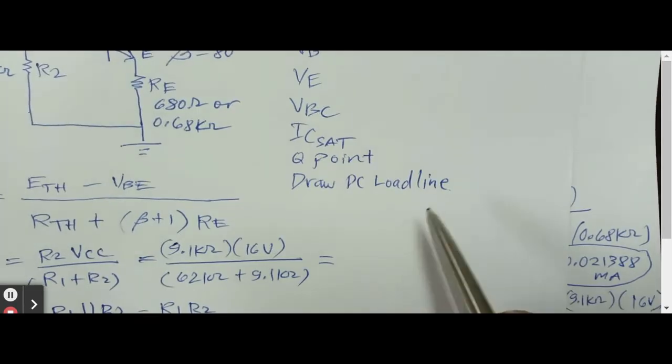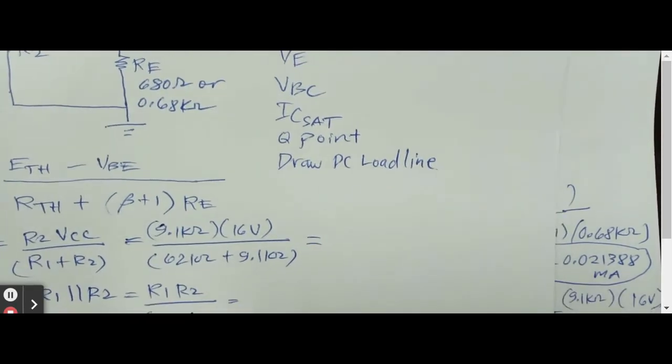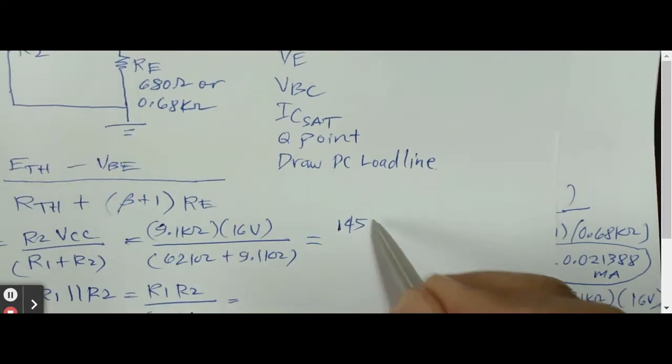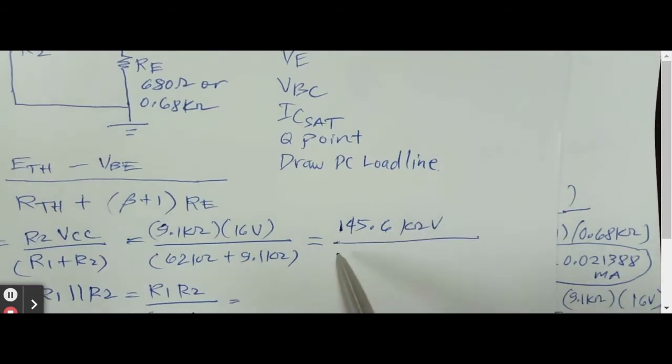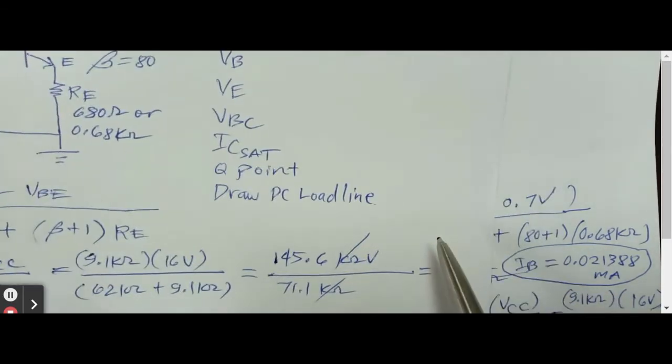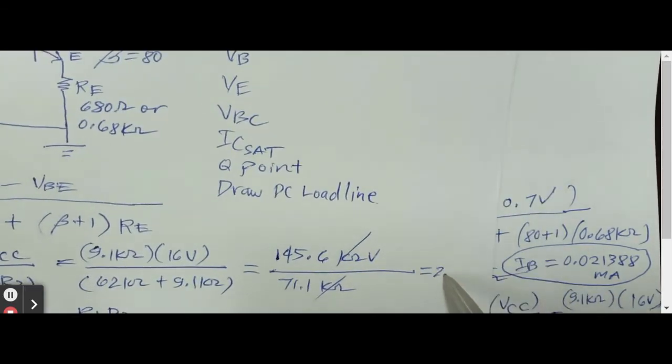And then if you calculate this, what will we get? 9.1 multiplied by 16 volts, we will get 145.6 kilo ohms volts. And then 62 plus 9.1 equals 71.1 kilo ohms. So we cancel the kilo ohms and we will get 2.0478 volts.